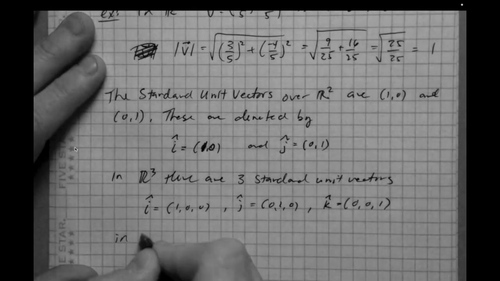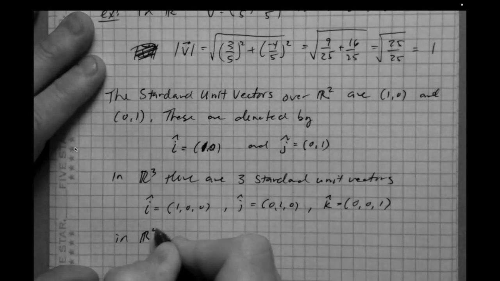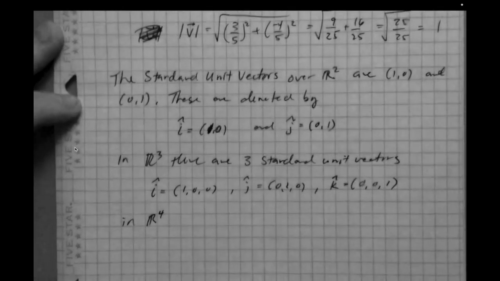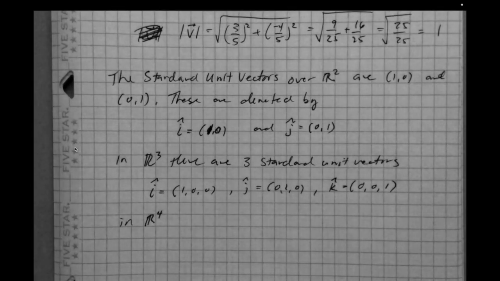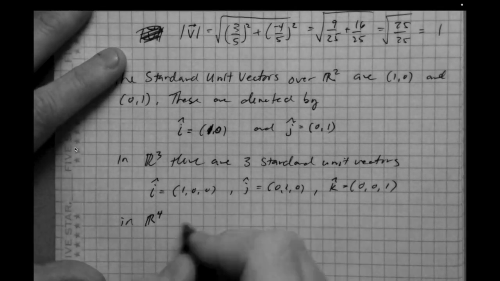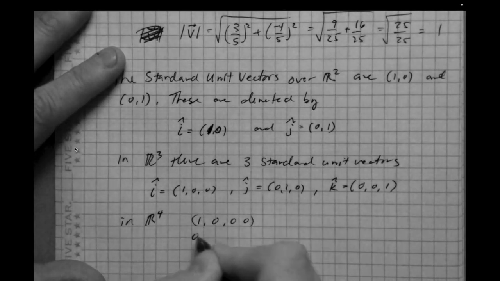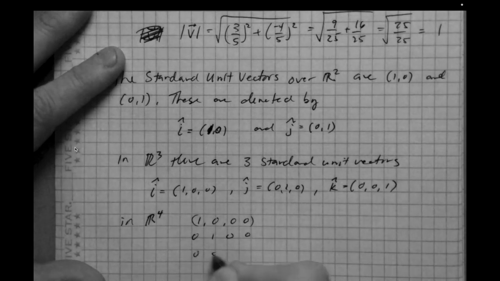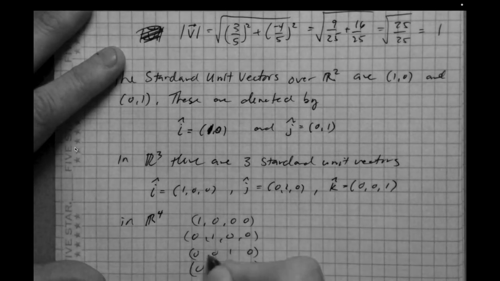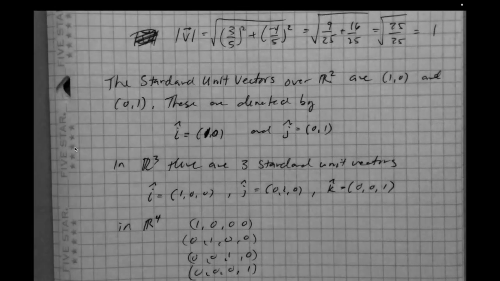Now in R4, how many standard unit vectors are we going to have? Well, we're going to have 4 of them. They aren't going to have nice names anymore, but you've got 1, 0, 0, 0, 0, 1, 0, 0, 0, 0, 1, 0, and 0, 0, 0, 1. So those are the 4 standard vectors in R4, and so on.